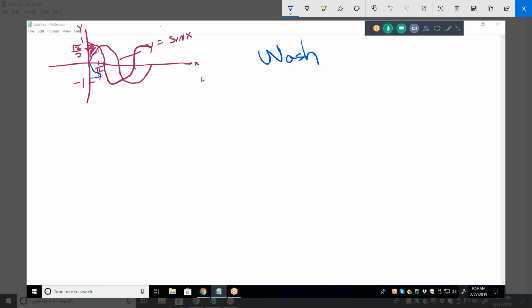And the formula when you're using washers for volume is what? V equals pi times the integral of big R of x squared minus little r of x squared dx. Okay. So we have our discs that I'm going to represent by that blue line.